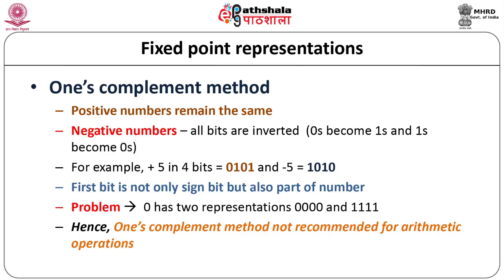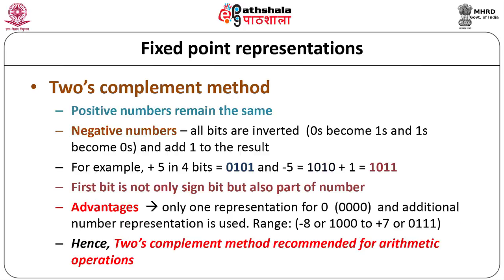It is interesting to note that the first bit represents not only the sign but is also a part of the number. There is a problem in the ones complement technique. In this case, 0 has two representations, 0000 and 1111. Hence, the ones complement method is not recommended for arithmetic operations.